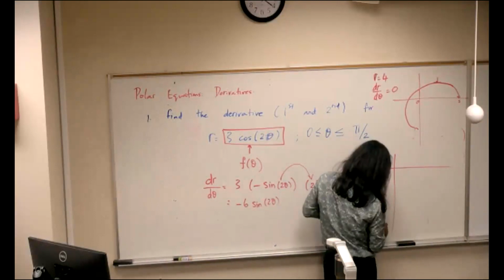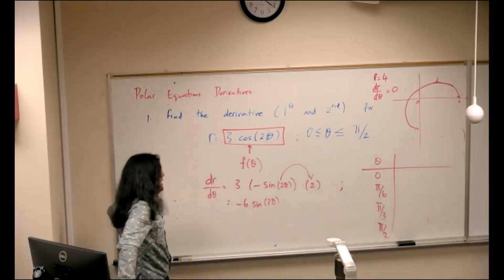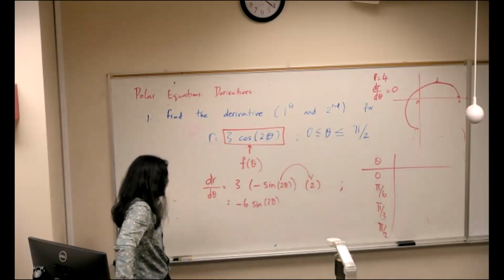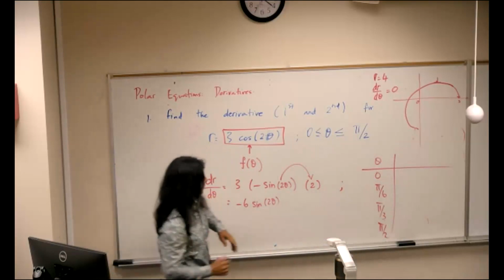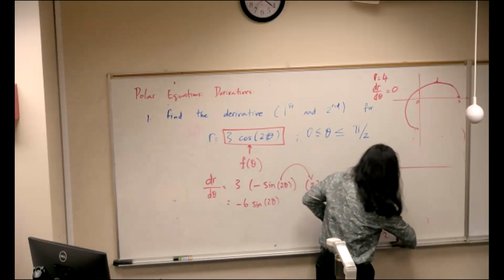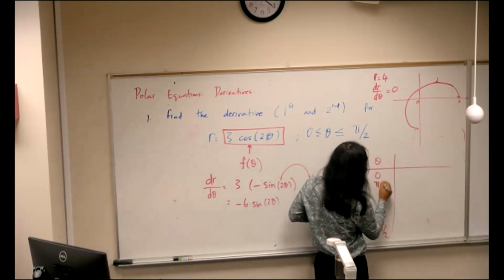If you put pi over 2 in the first derivative, what do you get? Oh, sorry, 0. If you put 0 in the first derivative, 0. Oh, another important one, pi over 4.